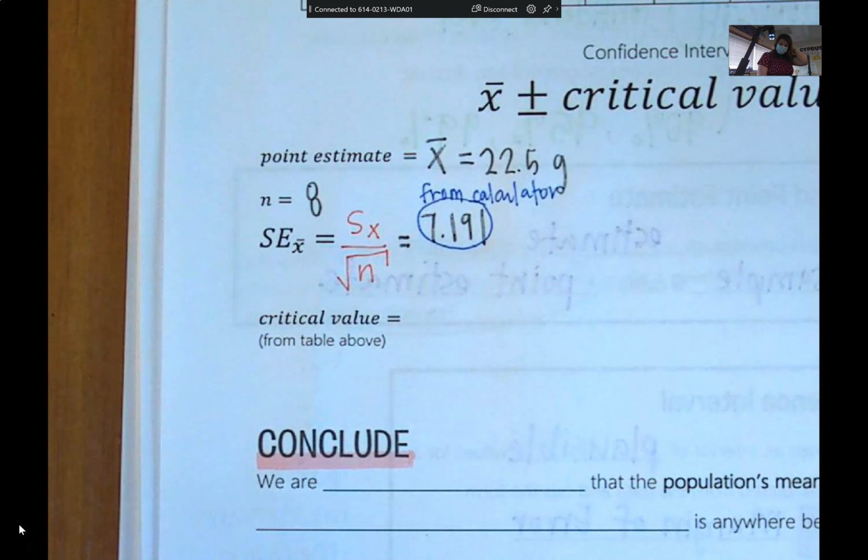So we say down here in our conclusion, we are 95% confident that the population's mean, and then we write that same sentence again that we highlighted in the prompt.